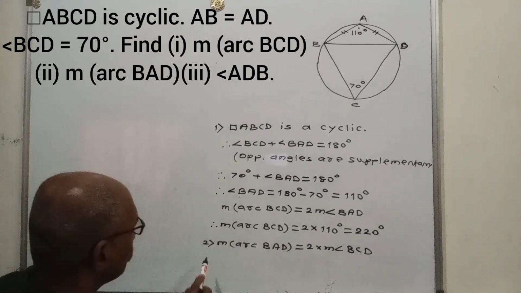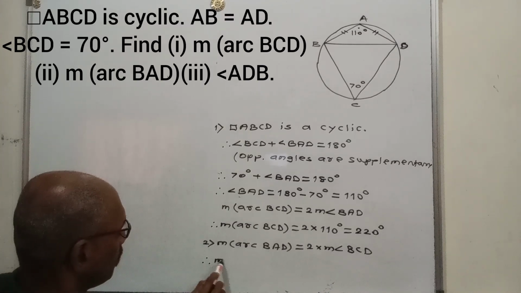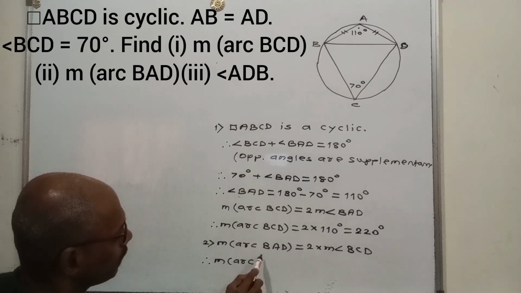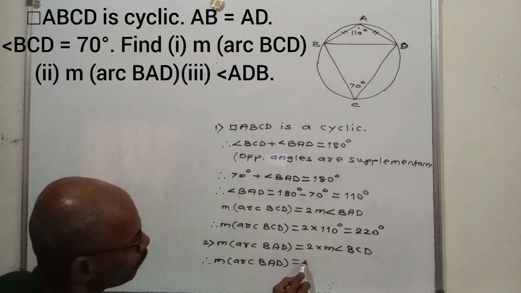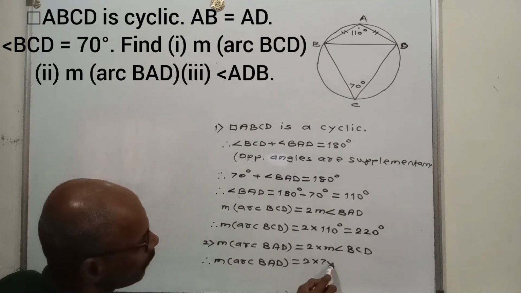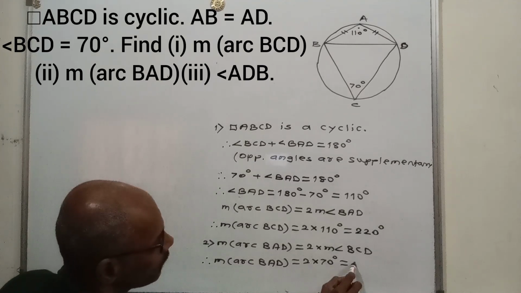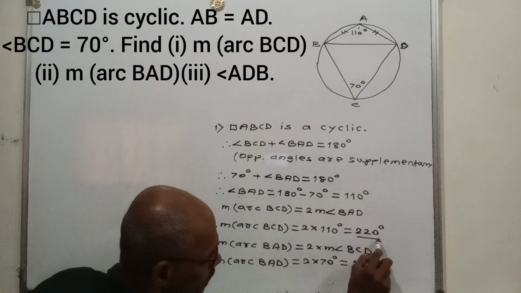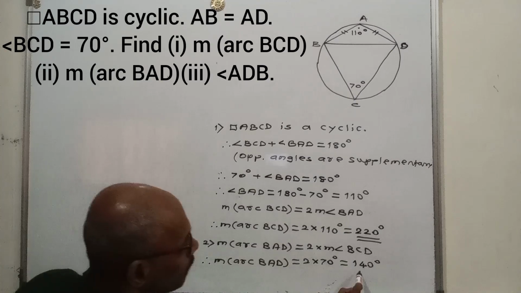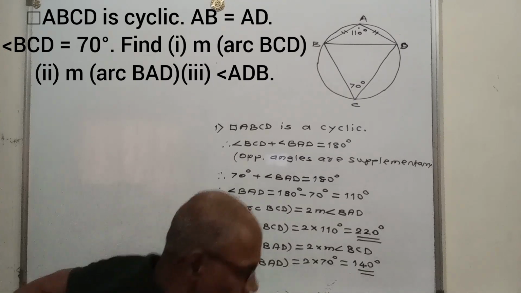Therefore, we write here, major arc BAD is equal to 2 into 70 degrees, which is equal to 140 degrees. This is our first answer. This is our second answer.